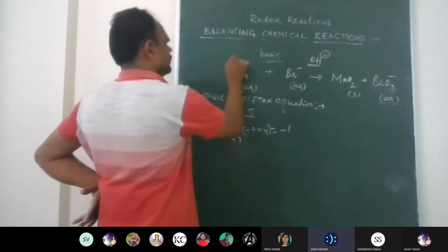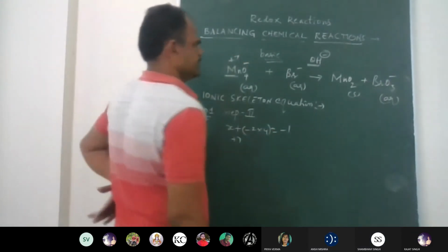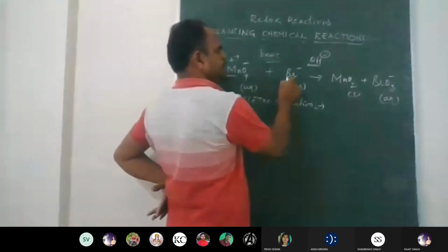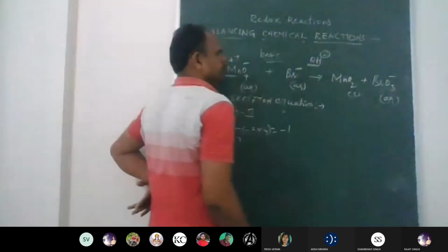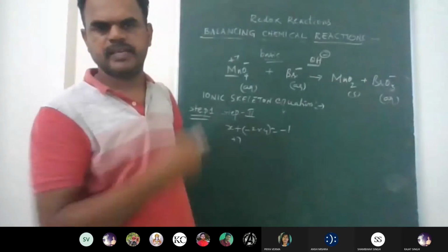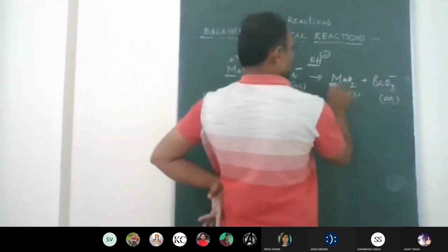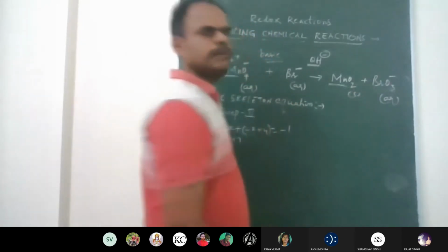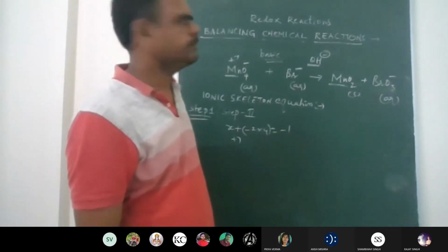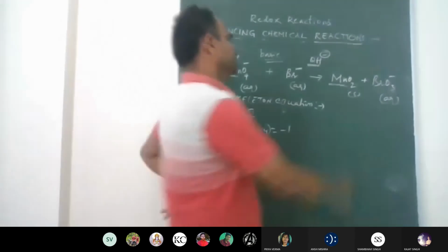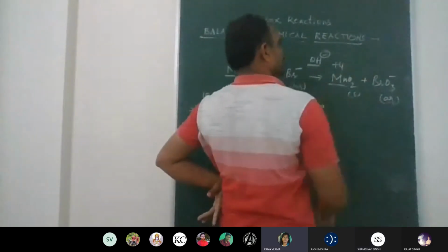Plus 7. Plus 7 is oxidation number. On the bromine, what is the oxidation number of the bromine? Already given, minus 1. In MnO2, find out manganese, how much? It means +4. Oxygen is -2.